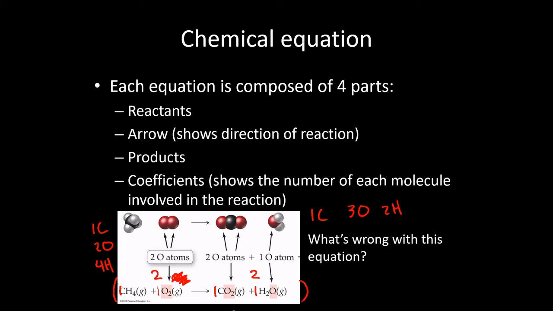So that would give me a balanced chemical equation. So saying that I have 2 O2s is completely fine. Saying that I have 2 molecules of O2, that is completely fine, and it is completely different than saying I have O4.